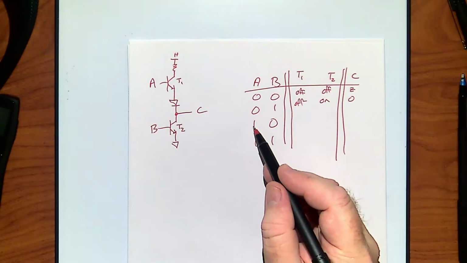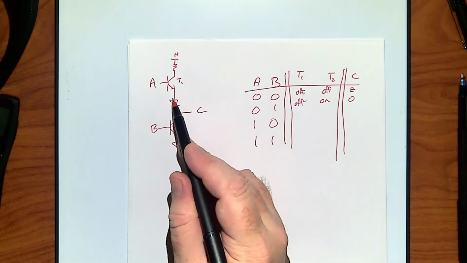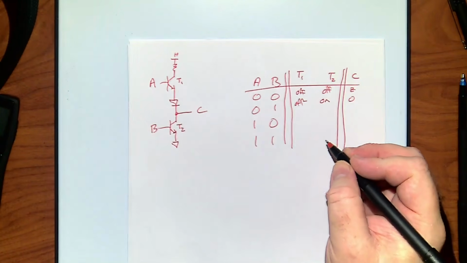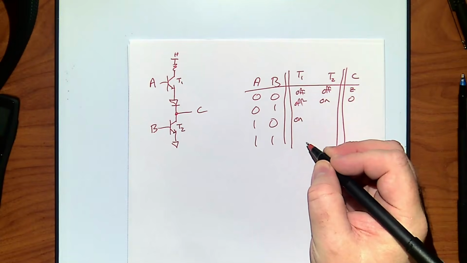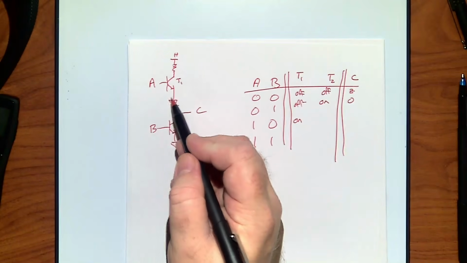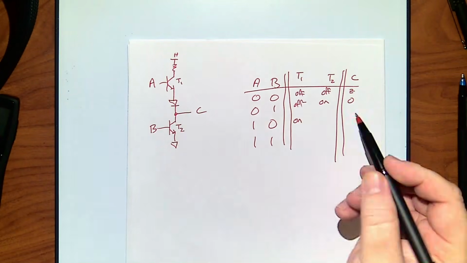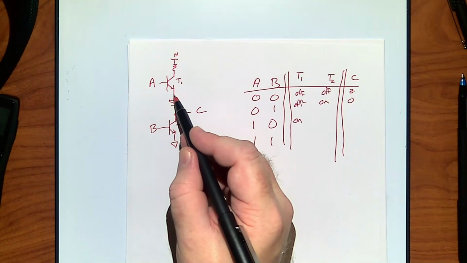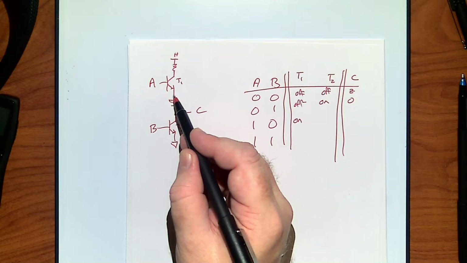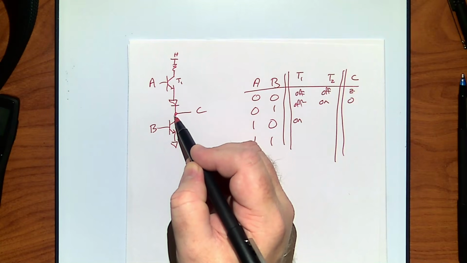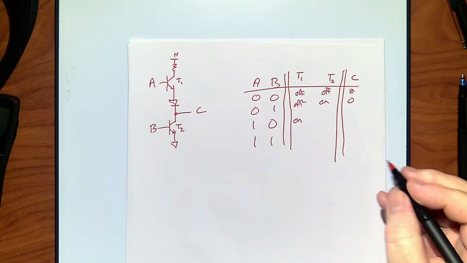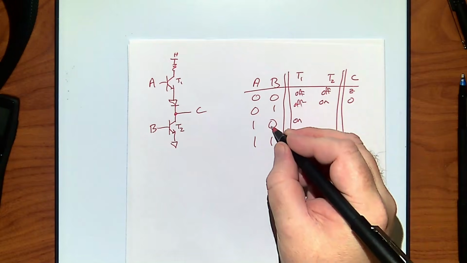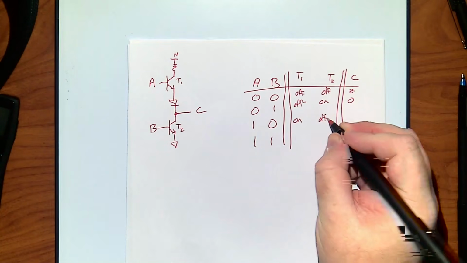But what if I've got a 1 here? That means T1 is on, right? Because it's high. So this point here will be A minus 0.7, and this point will be A minus 1.4. This one is off, so it's not in the picture.